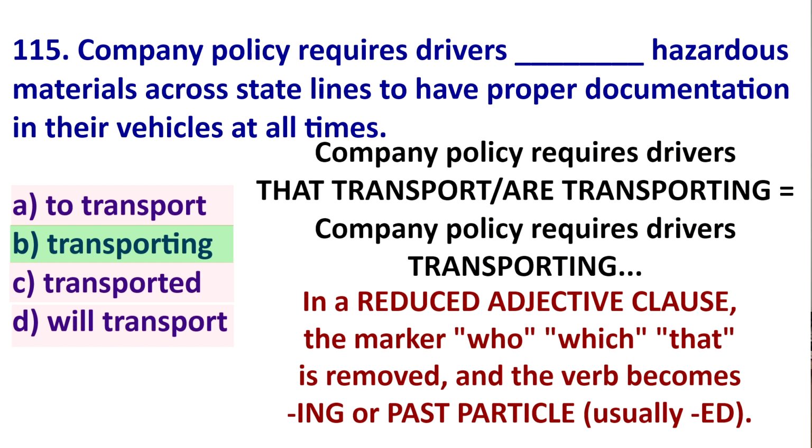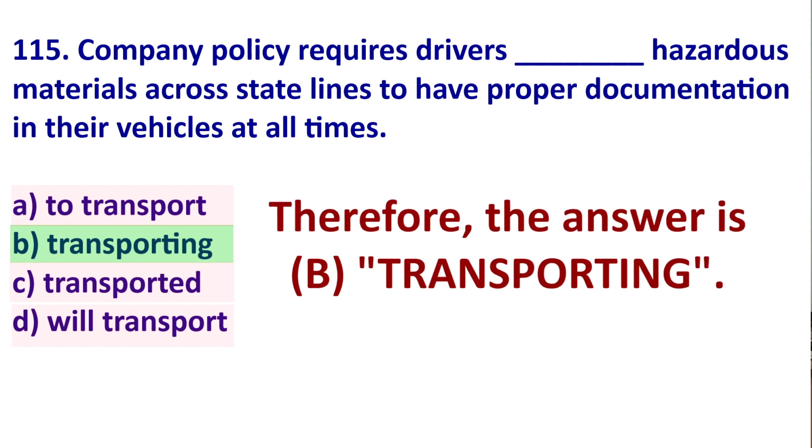Well, instead of that transport, I can take out the that and say transporting. This is the reduced adjective clause. Company policy requires drivers who are transporting, so I take out who are and just turn it to transporting hazardous materials across state lines to have the proper documentation. So as you can see, the answer is B.